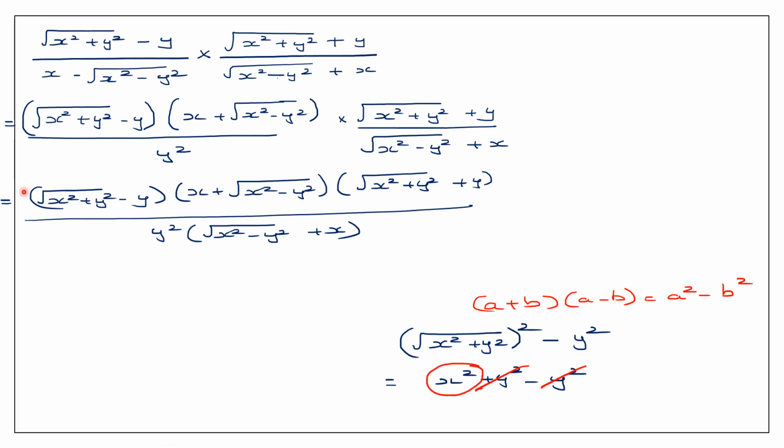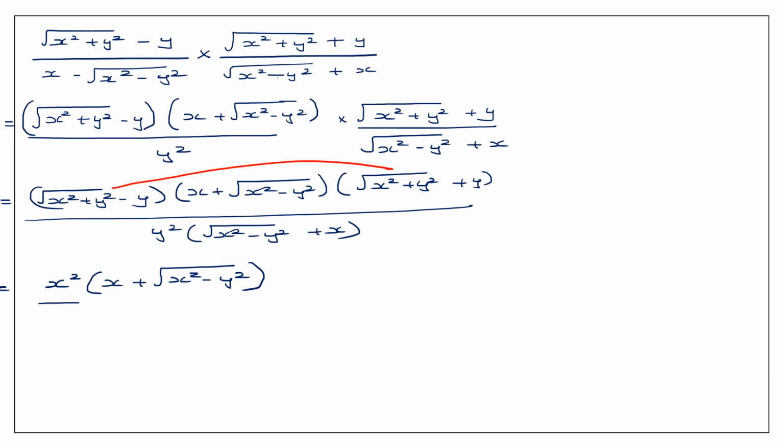So when we worked out this and this, we got only x square. So in the numerator, let's write that. That is x square. And what is left is this, that is x plus the root of x square minus y square. So x square into x plus the root of x square minus y square.